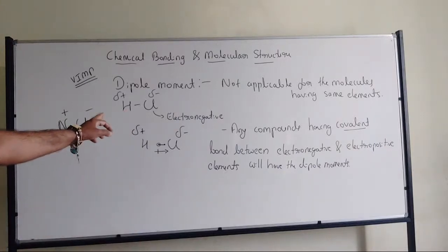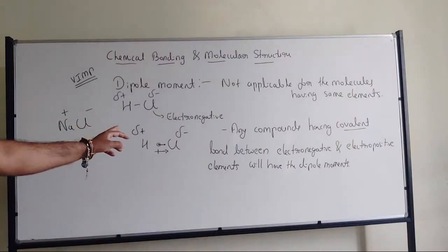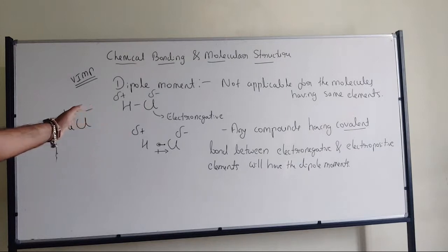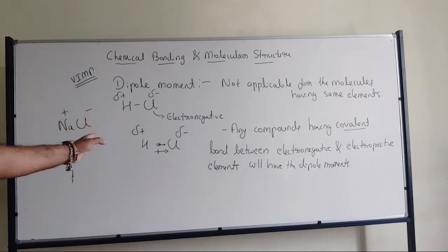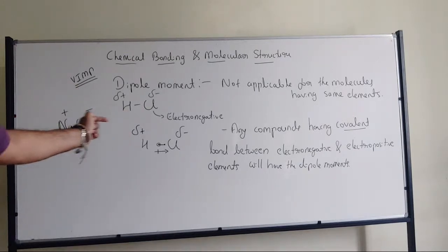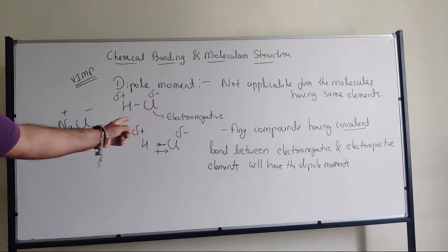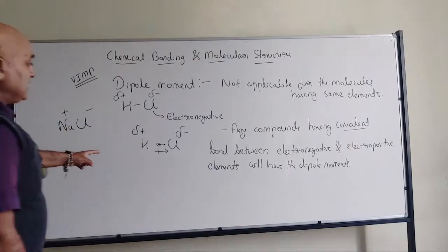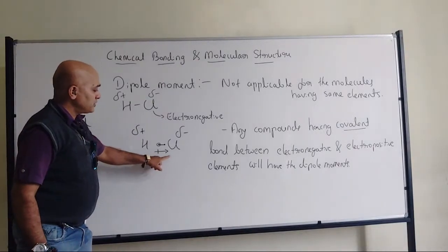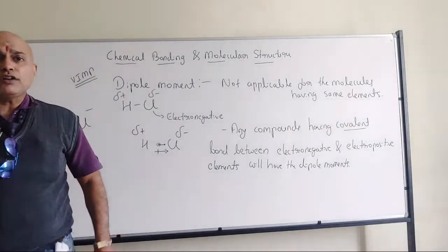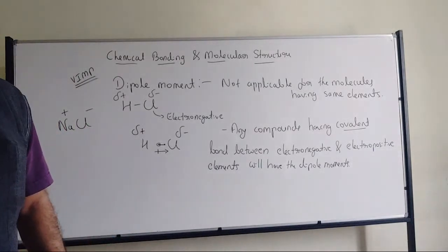On the arrow it looks like positive, because hydrogen will have a partial positive charge, because the electron is pushed towards the chlorine. That's what the arrow talks about: to which direction the electron is getting moved. Any doubts in this?